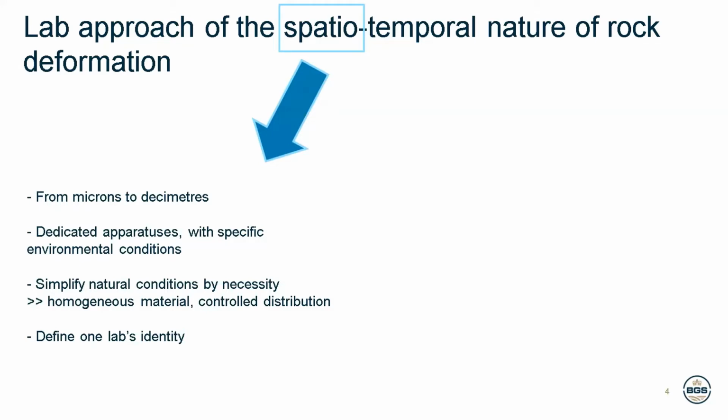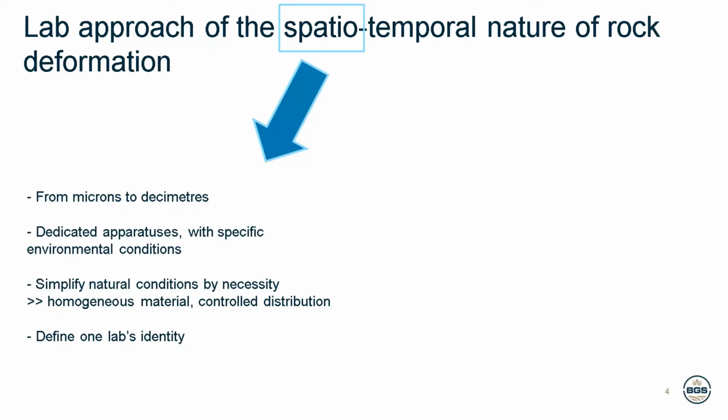To do that, we use dedicated apparatuses that have specific environmental conditions. And as we're in the laboratory, we obviously need to simplify the natural conditions by necessity, either by focusing on a homogeneous material, which is, as you know very well, unlikely to be a real case in any fieldwork, or we tend to control the distribution of the minerals, and so on. And this is also to be able to better interpret the results that we're drawing from these tests.